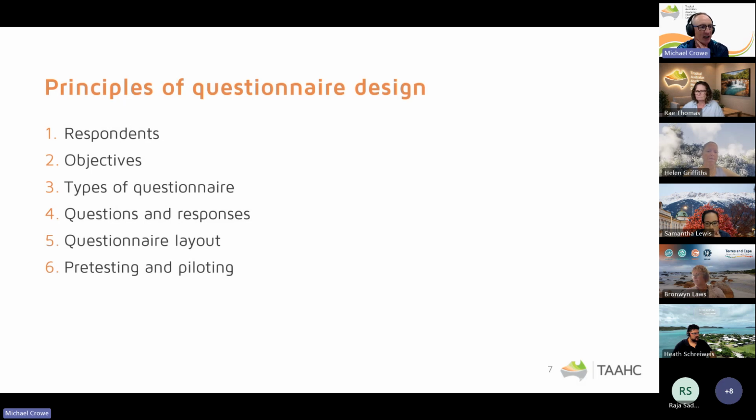And then after that, you think about things like the types of questionnaire, the questions and responses, the layout. When people design questionnaires, they start at the questions and responses and work backwards. You actually need to start with who the respondents are and your objectives, and then go on to all the questions.